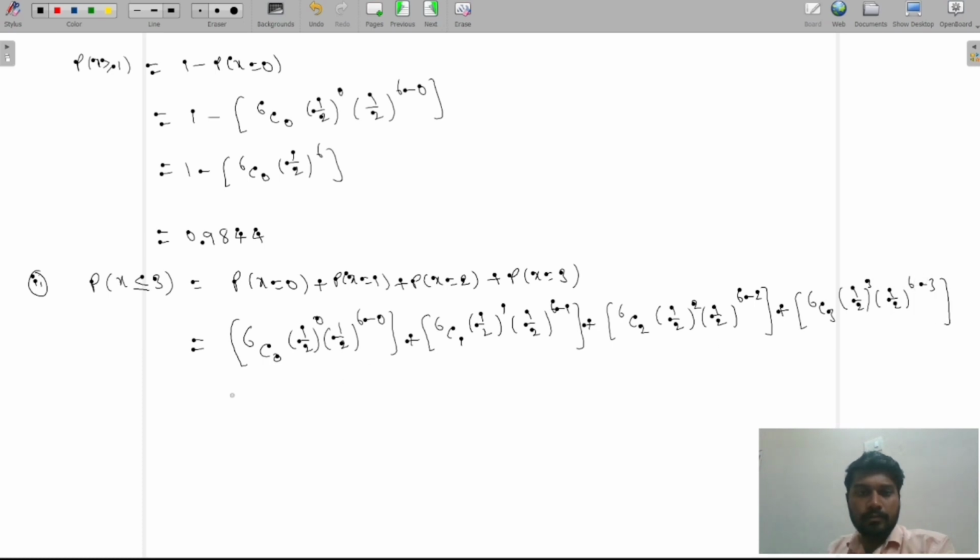Okay, now 0.6562. See, this is the probability at x less than or equal to 3.